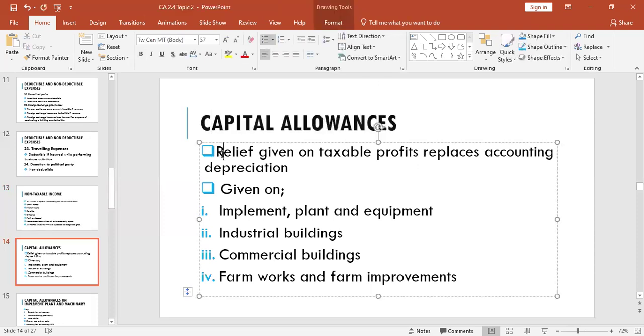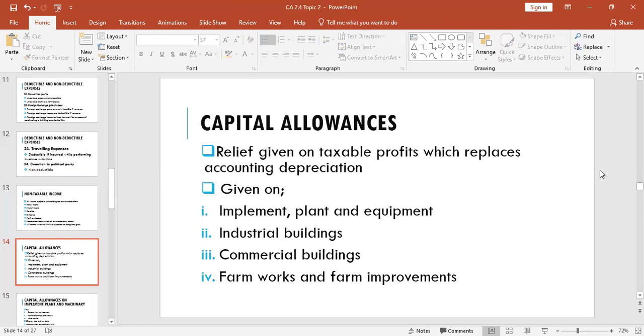Capital allowances are a relief given on taxable profit which replaces accounting depreciation. This is a relief given on capital expenditure which replaces depreciation. You see, ZRA refuses your depreciation as a real expense.